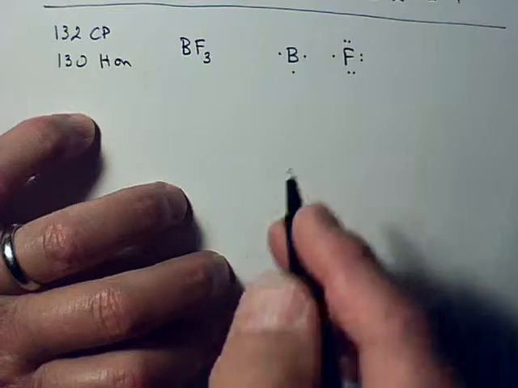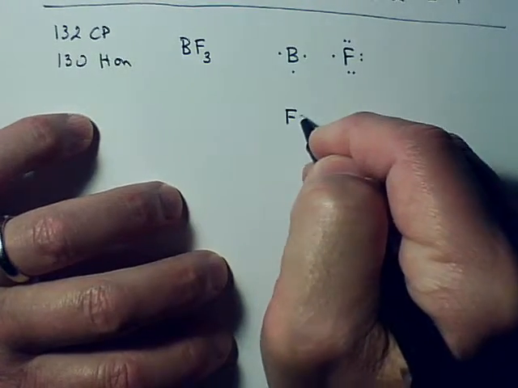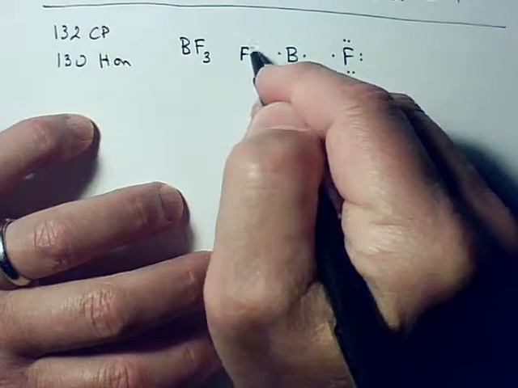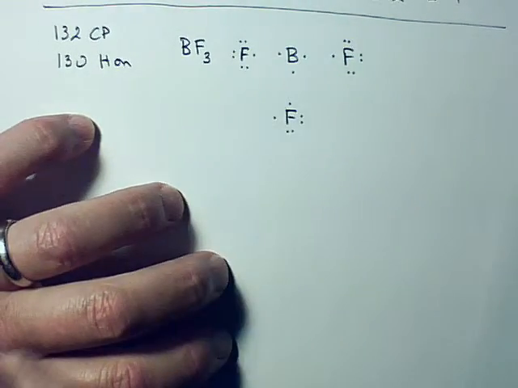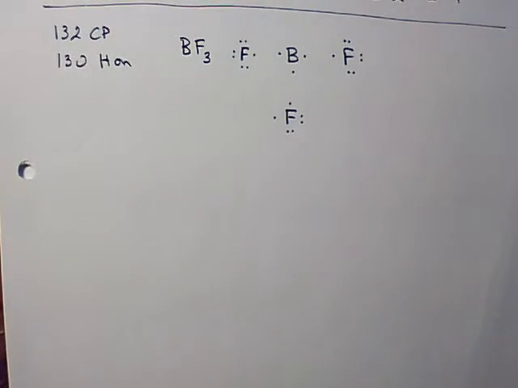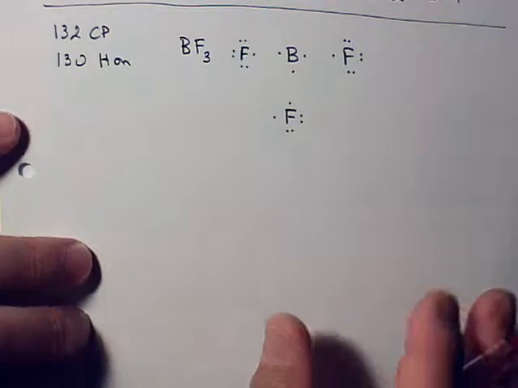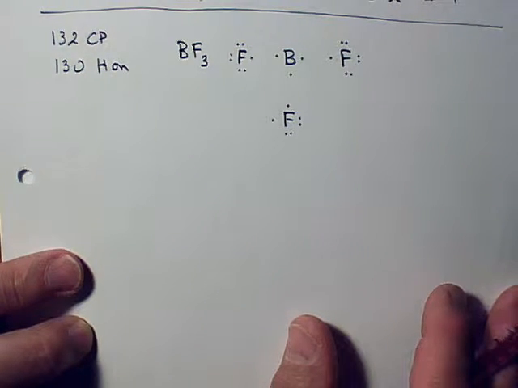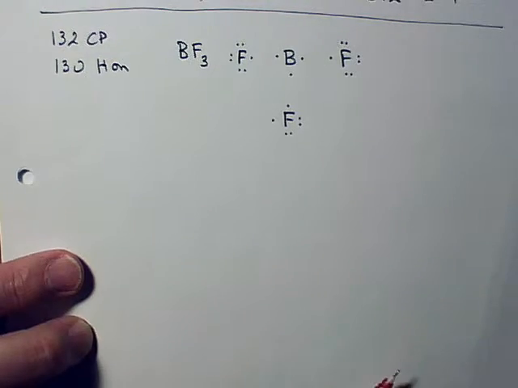We're going to have 3 fluorines, so I'm going to put 2 more fluorines, each fluorine with 7 electrons. So those are the electron dot formulas for the 3 fluorines and the 1 boron. Where did I forget a dot? Oh, I did, didn't I? Left one off right here.